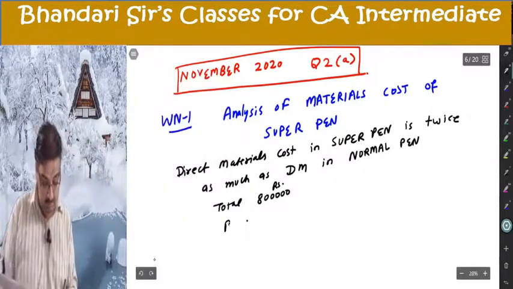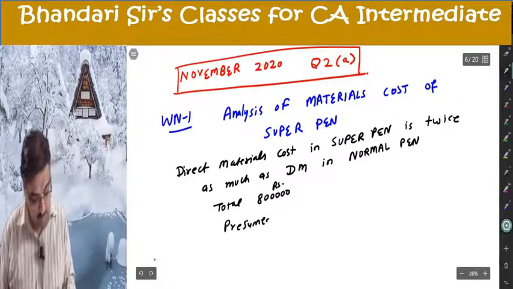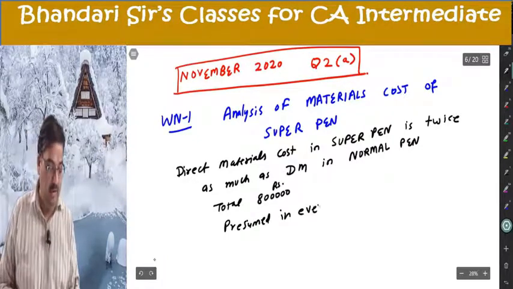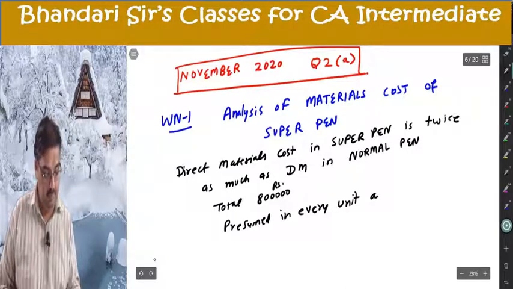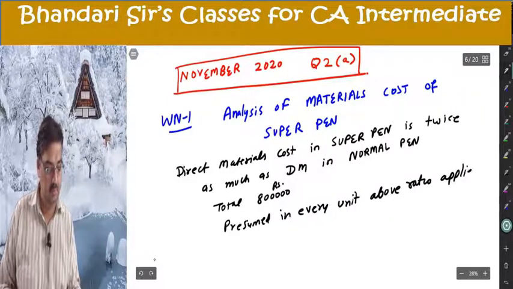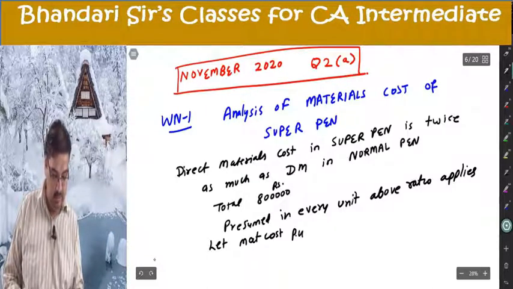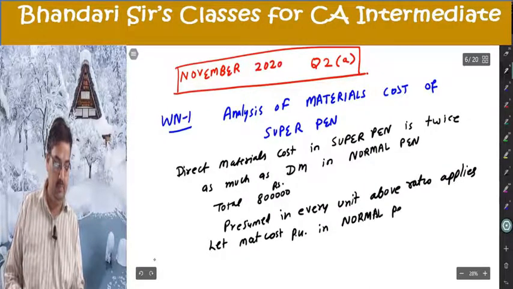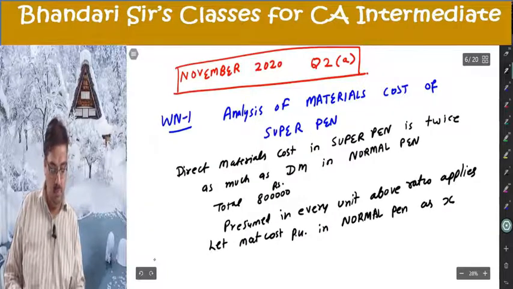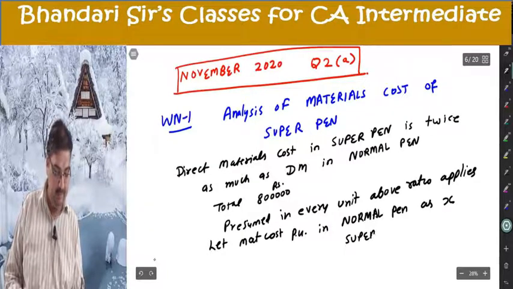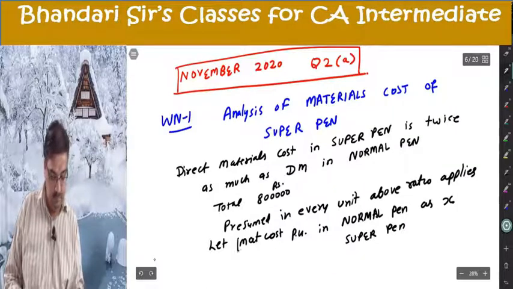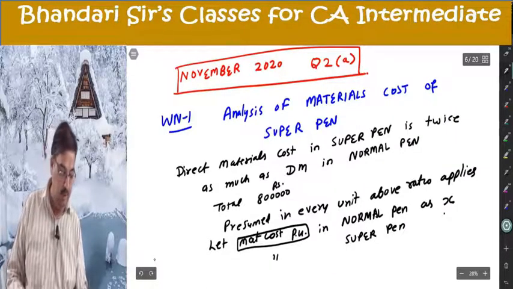Presumed in every unit above ratio applies. So if I let material cost per unit in normal pen to be X, for super pen material cost per unit is 2x.